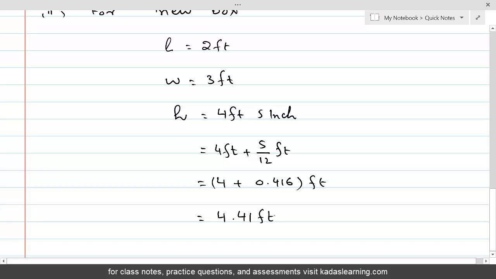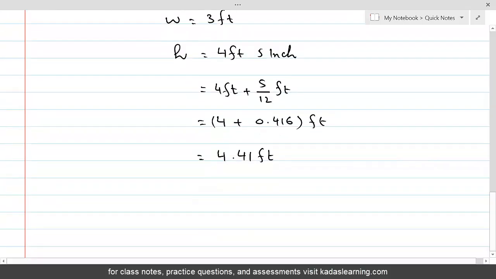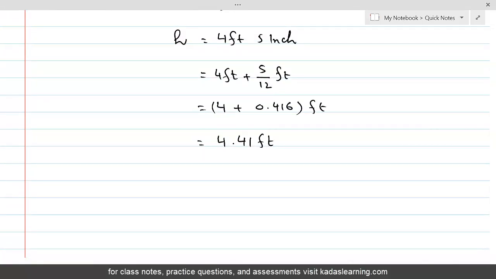And now because all the units of length for length, width and height are in feet, we can easily calculate the volume.